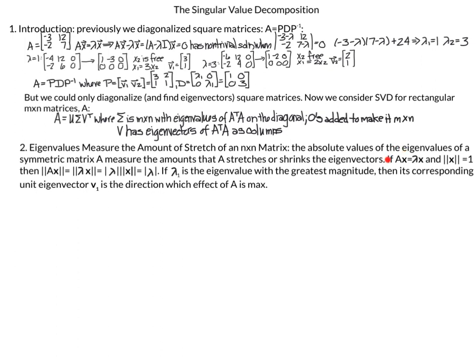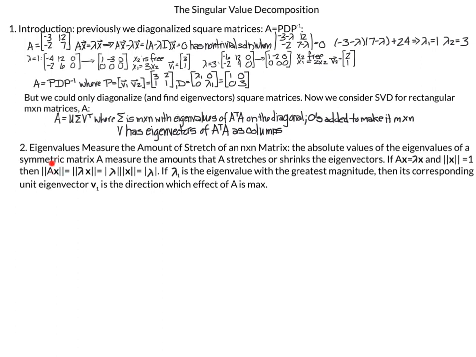So if we want to study the stretch of Ax, we take an eigenvector and we normalize it to unit length. That way, when we take the norm of Ax, that's simply equal to the norm of lambda x, because x is an eigenvector. Then we can factor out the constant lambda, and since we normalized x, this expression is equal to the magnitude of lambda.